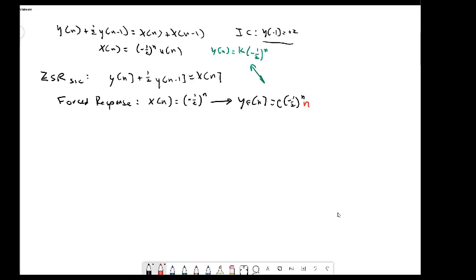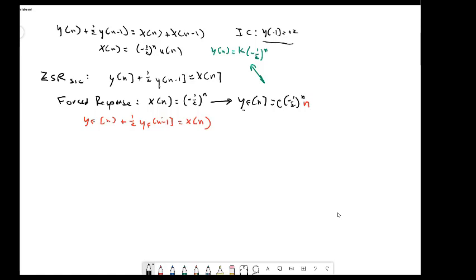So we would have plugged this into the single input case difference equation, y_f[n] + 1/2 y_f[n-1] equals our actual x[n].